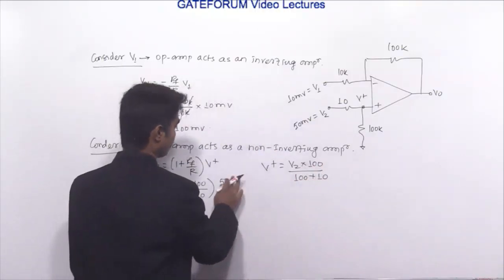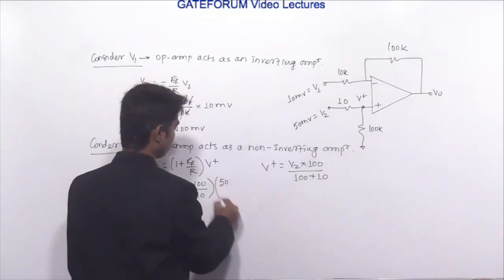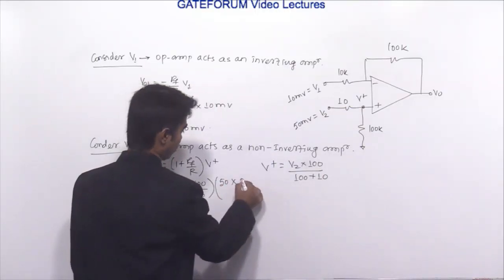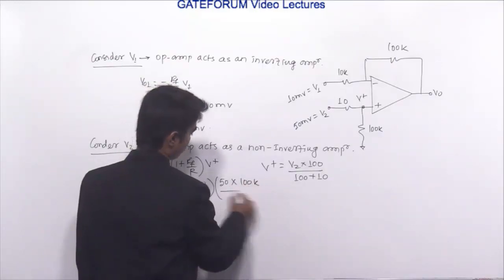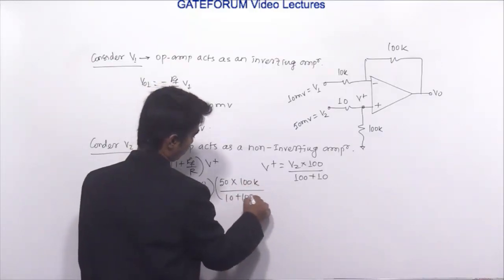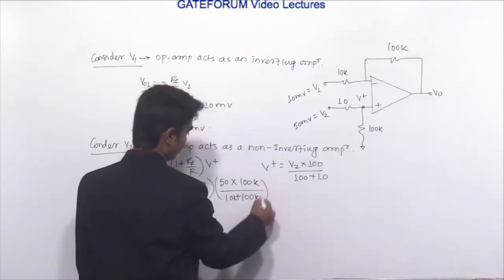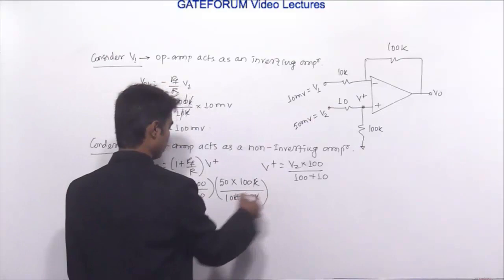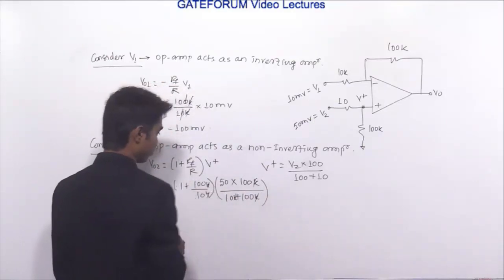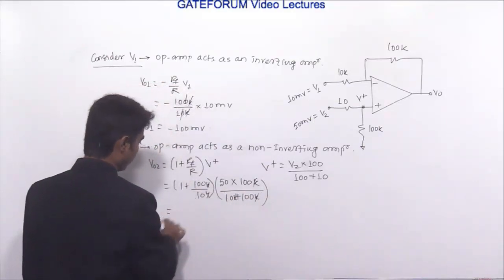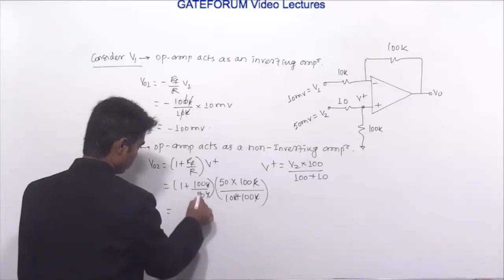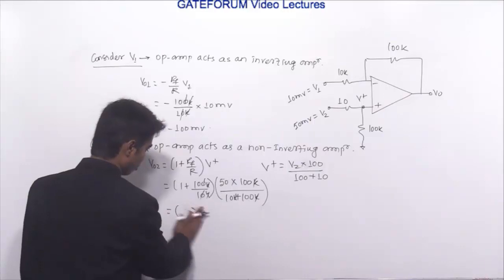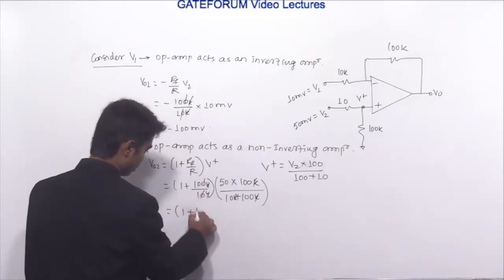V2 is 50 millivolt into 100K divided by 10K plus 100K. The K's get cancelled, and 1 plus 10 becomes 11.